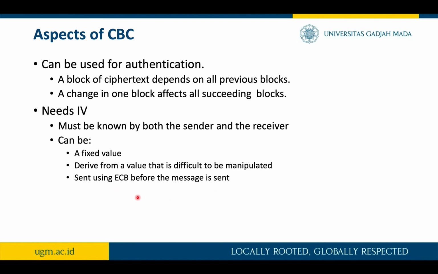Why is ECB appropriate to be used to send the message? Because it is just one block, so it is very short. So using ECB, it is still secure to send the IV. So we don't need to use other modes of operation, which are more complicated than ECB.